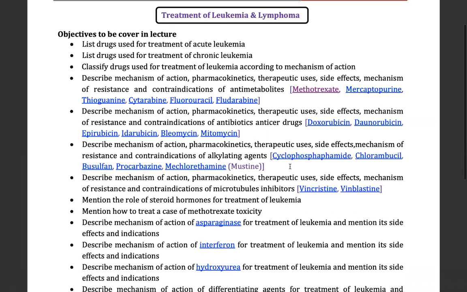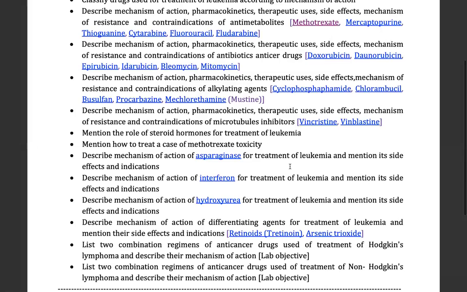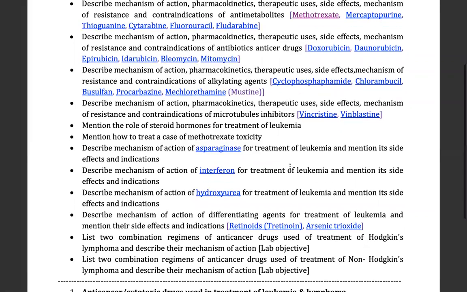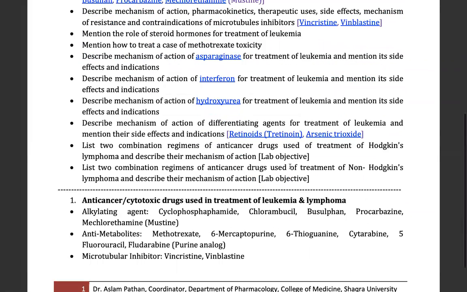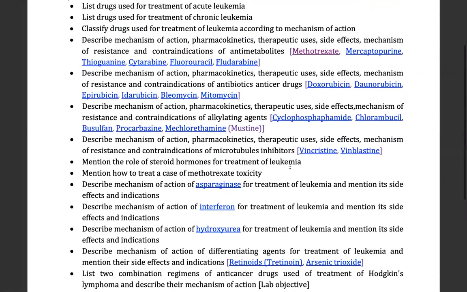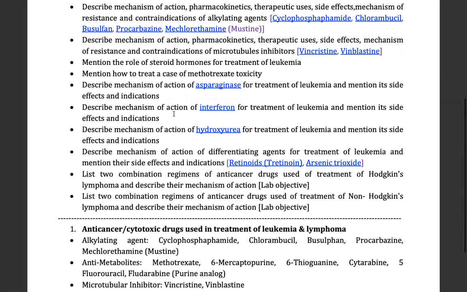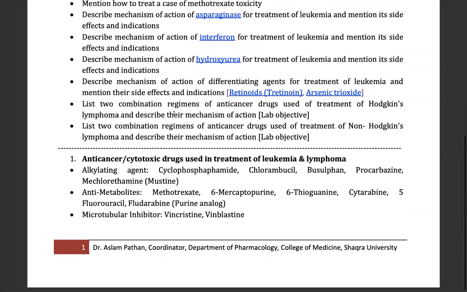Same for any blue underlined link under the name of the medications. So to save time, I created this link, and if you click on any drug, you will land on the specific information regarding the pharmacology of the drug.